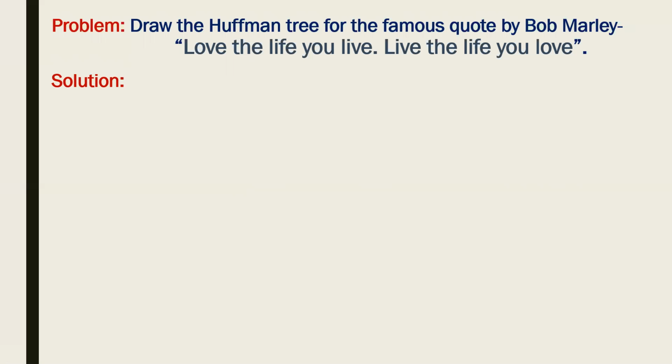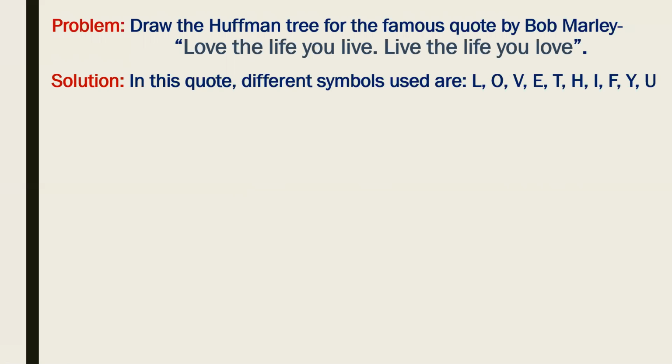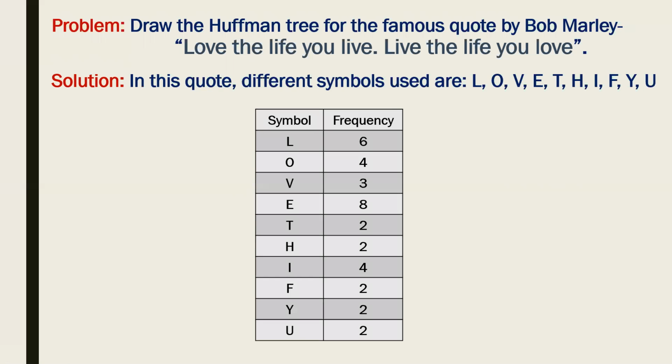First of all we have to identify all the different symbols used in this quote. The different symbols are L, O, V, E, T, H, I, F, Y, U. Then we scan the quote from the first character to the last and count the frequency of each symbol.